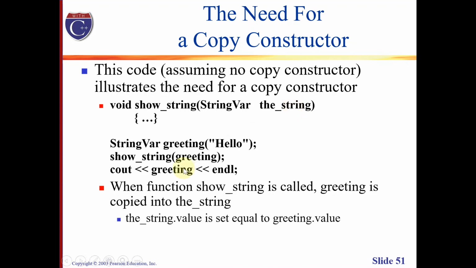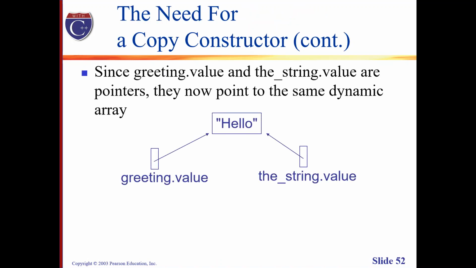As a result, the value of the string parameter is set equal to whatever value is in this variable named greeting. In this case, since greeting.value and the string.value are pointers, they now point to the same dynamic array. So that might cause some conflict.